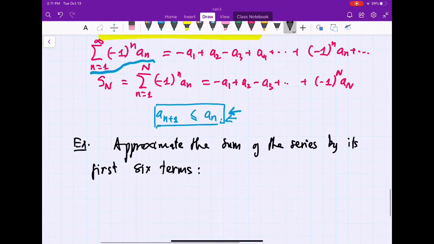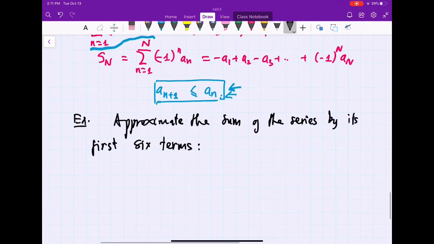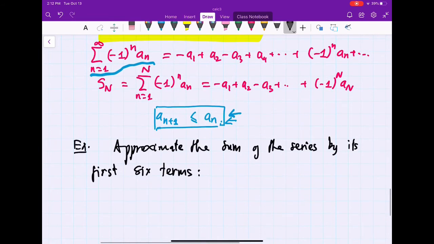So basically, we need to find S using Sn, where n is equal to 6.